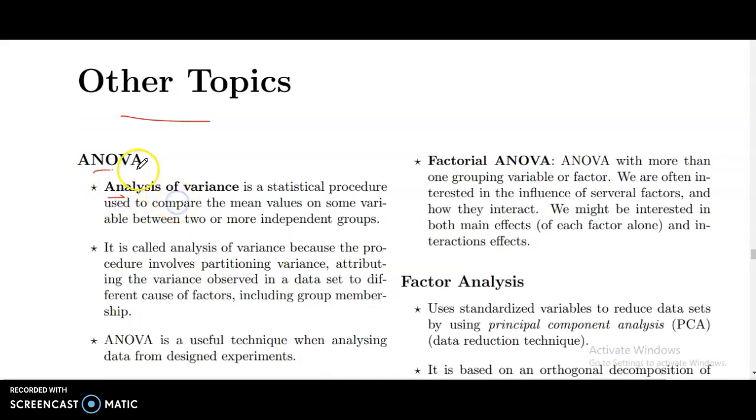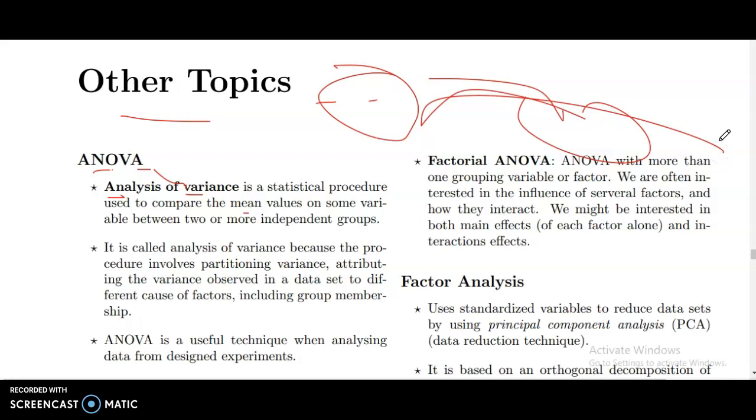Analysis of variance is a statistical procedure used to compare the mean values on some variable between two or more independent groups.